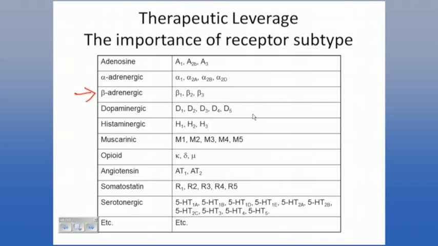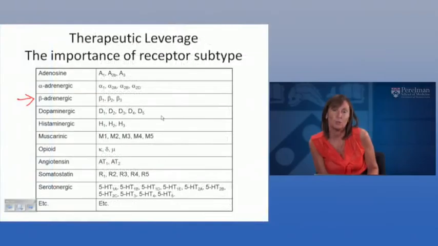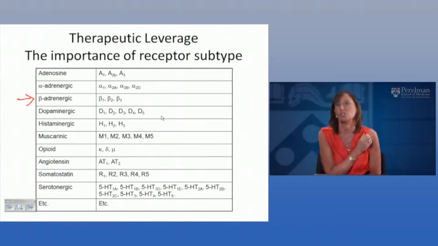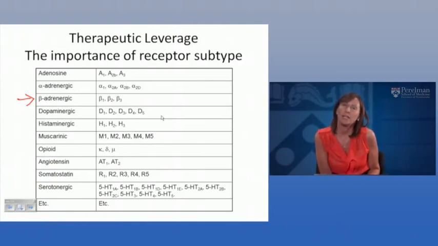The beta-1 receptor subtype, very important in cardiovascular physiology. The beta-2 receptor subtype, very important in both cardiovascular and pulmonary physiology. And the beta-3 receptor, which we're beginning to develop our understanding of, is important in terms of adipose metabolism.